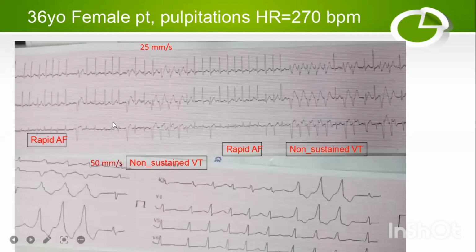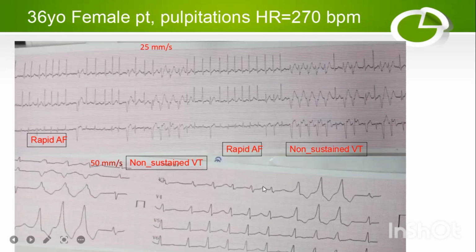After changing the velocity from 25 millimeters to 50 millimeters per second, we look here at the QRS complex and the same shape of T wave, no P. And here also it's the same shape of T wave and no P. It is irregular atrial fibrillation alternating with non-sustained ventricular tachycardia, wide complex tachycardia with no P wave, and regular non-sustained ventricular tachycardia.